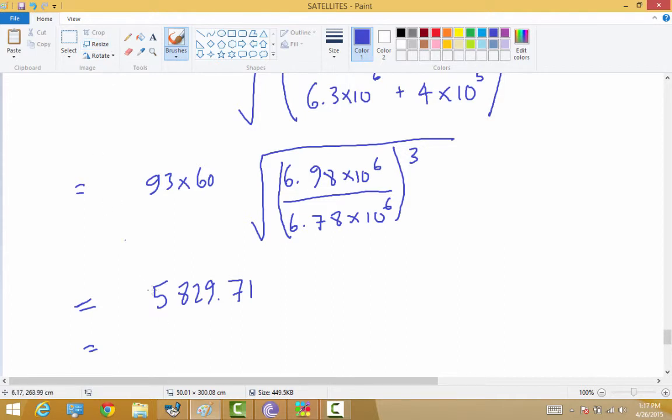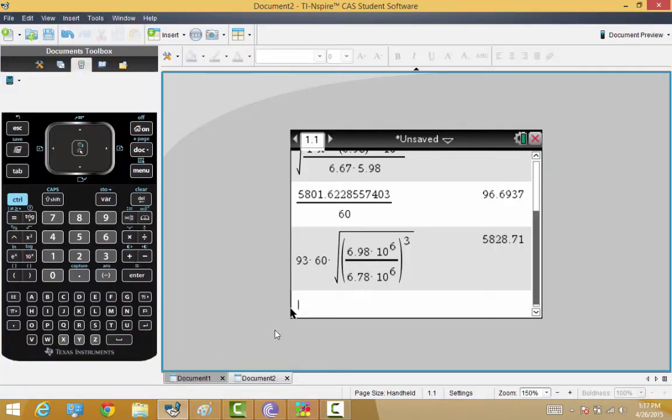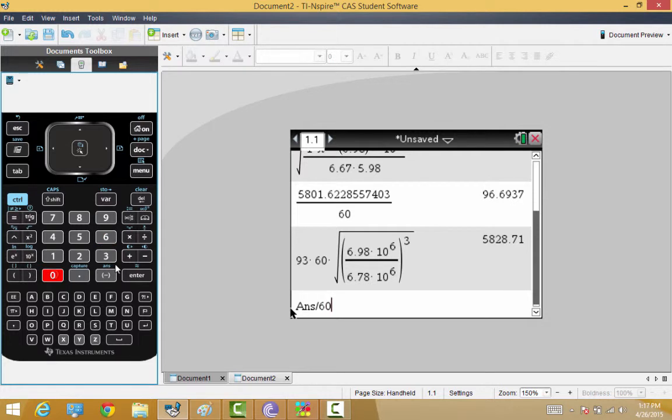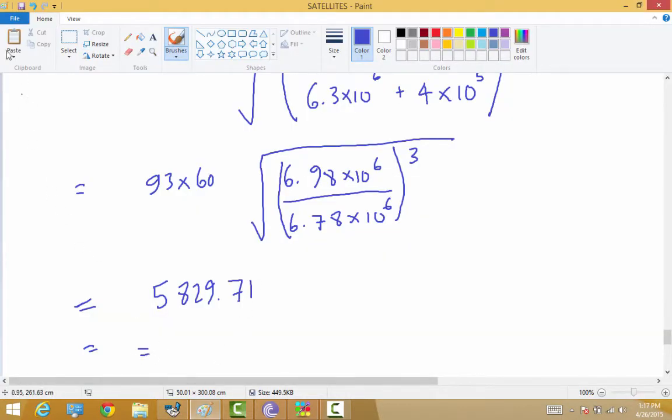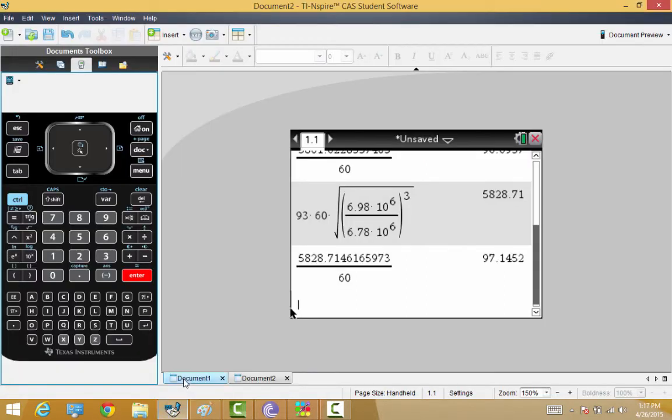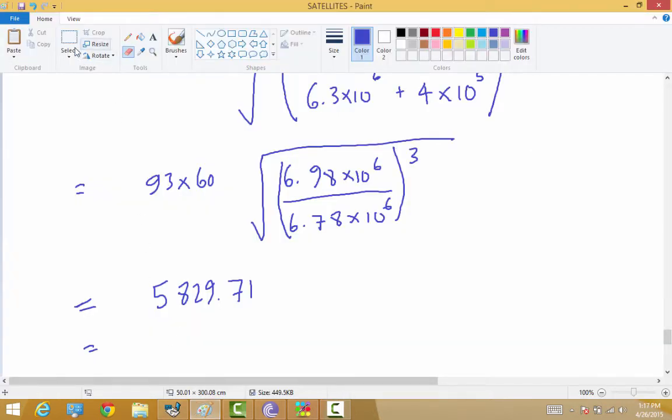And we divide by 60, and we get a period of 97.414 minutes.